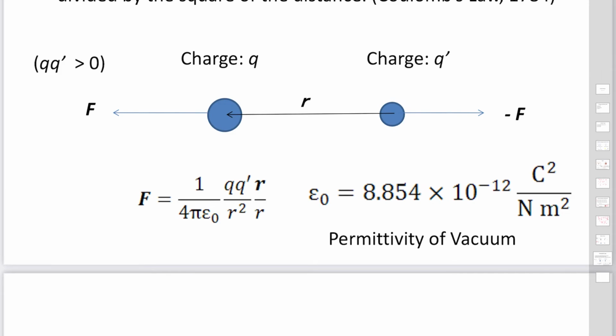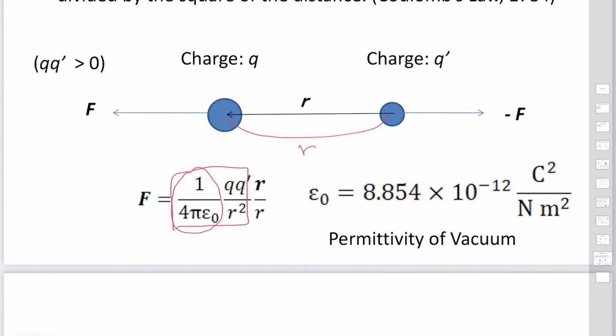The magnitude is expressed like this: the product of q and q prime divided by the square of the distance. The distance between the two charges is r. And 1 over 4 pi epsilon naught is a proportional constant. And epsilon naught is 8.854 times 10 to the minus 12 coulomb squared per newton meter squared.